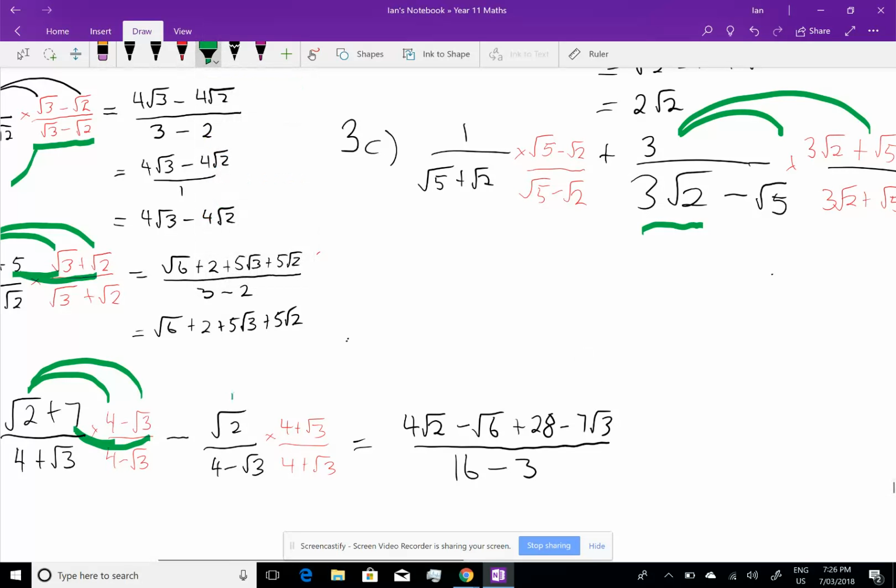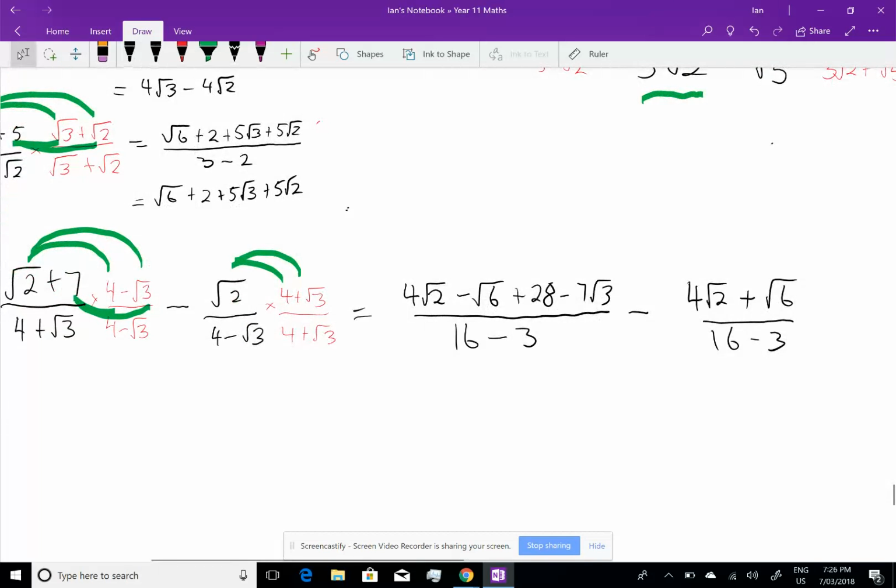Fortunately, the second one's easier. It's just root 2 times that and root 2 times that. Put the minus in. I get 4 root 2 plus root 6. And it's all over 4 squared, 16, minus root 3 squared, 3.